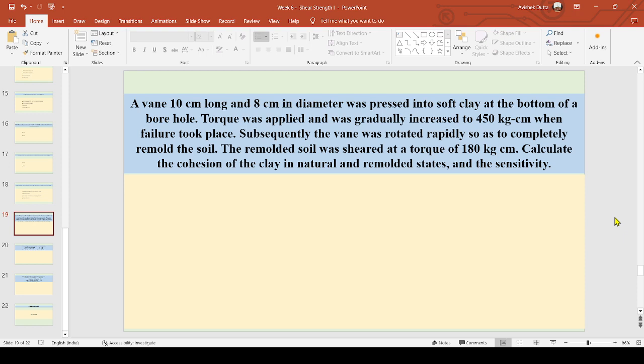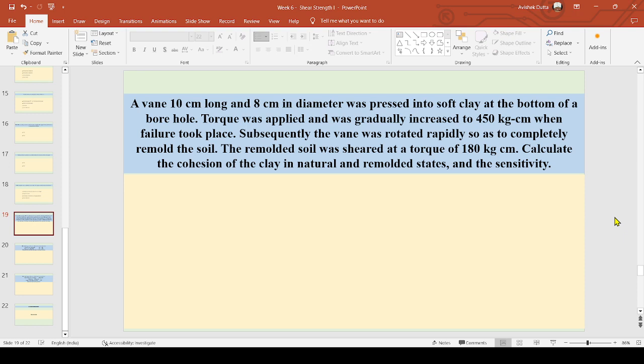Subsequently, the vane was rotated rapidly so as to completely remold the soil. The remolded soil was sheared at a torque of 180 kg centimeter. Calculate the cohesion of the clay in natural and remolded states and the sensitivity. So, the dimensions of a vane are given and the torque applied was given to the original soil, which led to the failure.